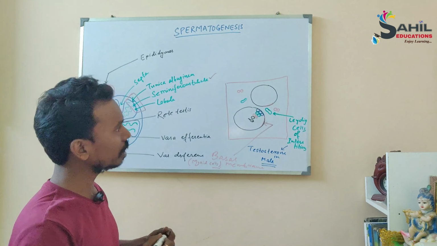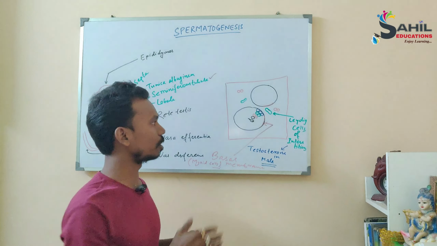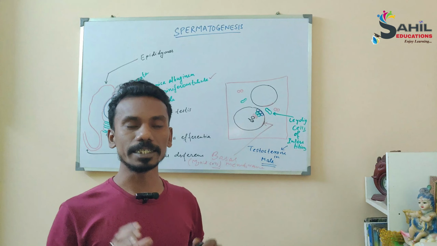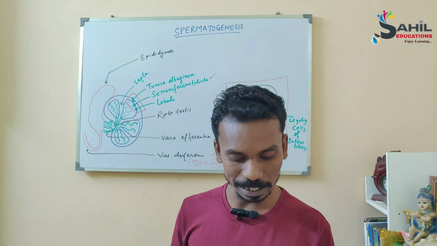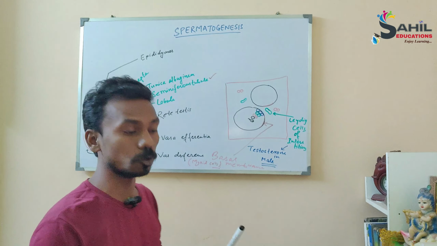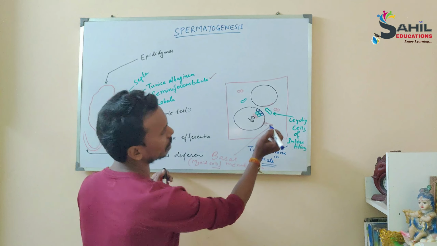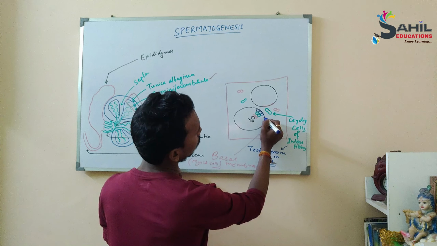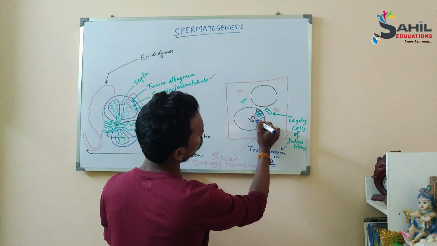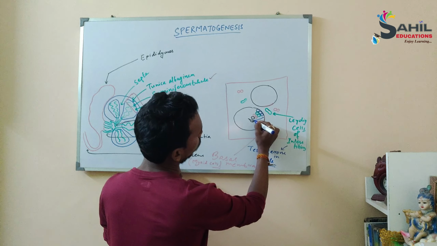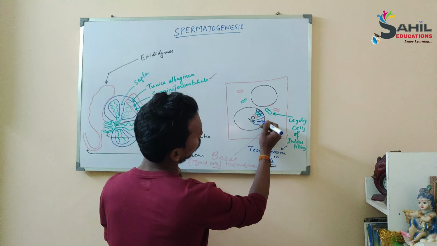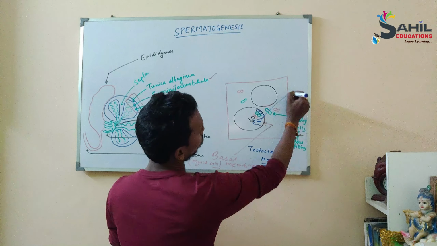This formation or maturation of round spermatid into the spermatozoa is known as spermiogenesis, and some kind of cells are going to be involved in this process, and the cell's name is the Sertoli cells.